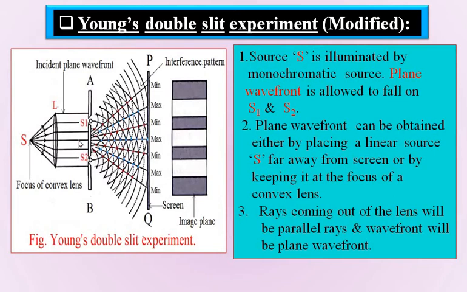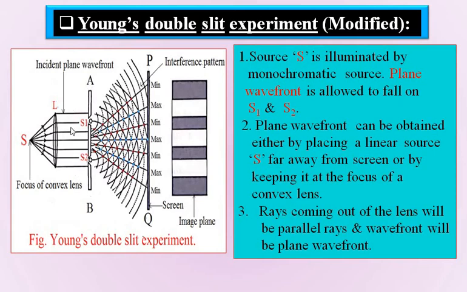The plane wavefront can be obtained by placing a linear source at a very large distance, or by keeping the source at the focus of a convex lens. The rays coming out of the lens will be parallel rays, and the wavefront will be a plane wavefront.